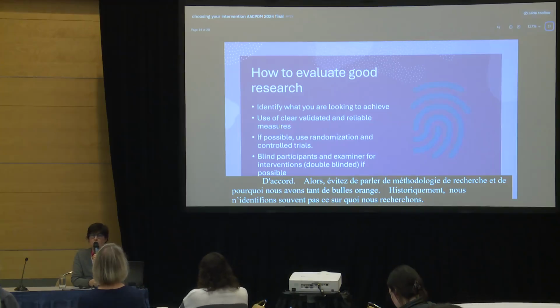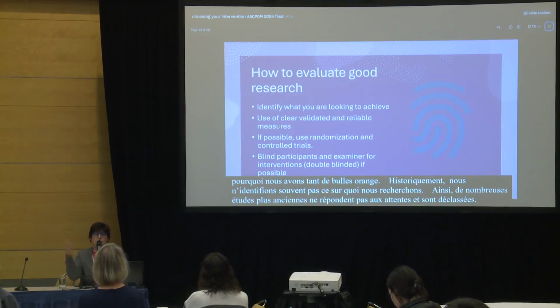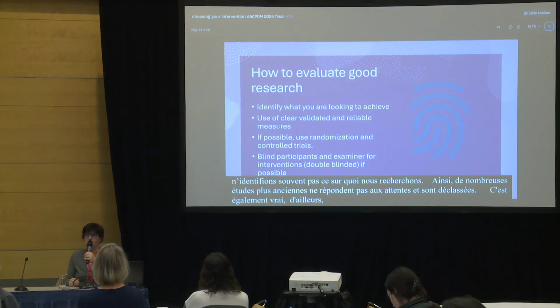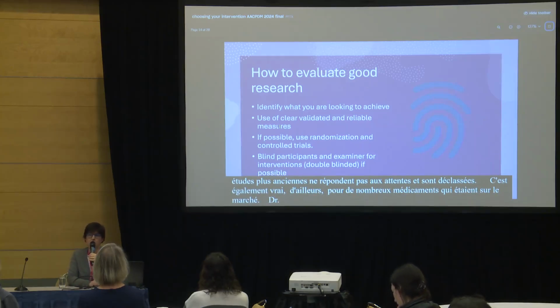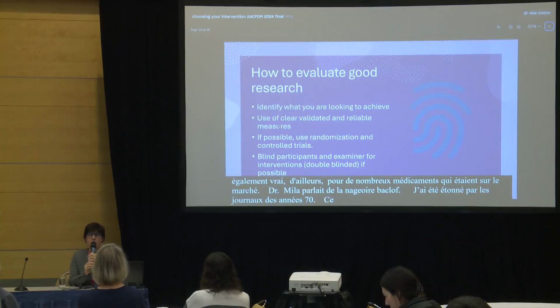And that is also true, by the way, for a lot of medications that were on the market. Dr. Milo was mentioning the baclofen. I was astonished lately to do a review, and there are papers from the 70s. They're not at all anymore our standard of research, but nobody does a new research because we have the old research. So you get stuck in this limbo of not having necessarily the best level of evidence.